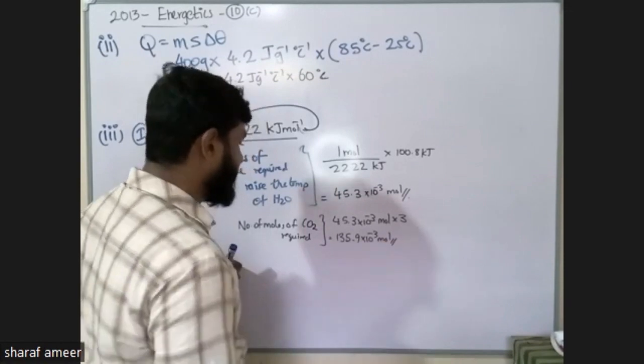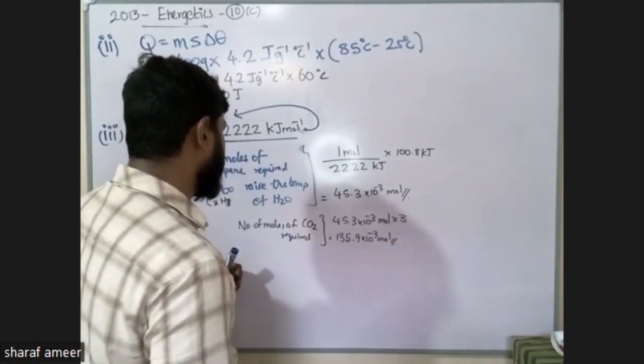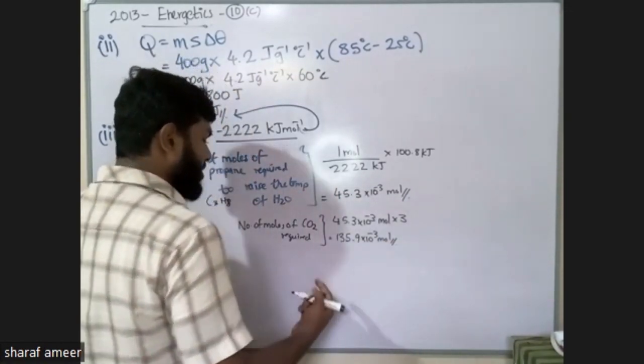So 135.9 into 10 to the power minus 3 moles. This much of moles of carbon dioxide is produced.